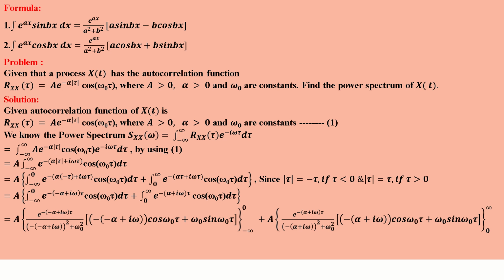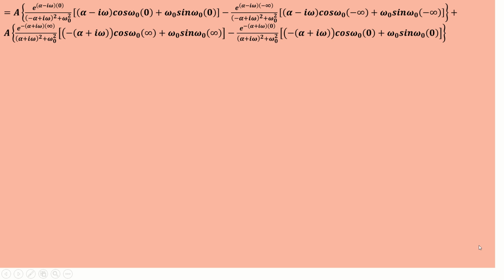Replacing those things, you will get this answer. Similarly, for the second one, the same formula, a into e power minus alpha plus i omega tau by minus alpha plus i omega square plus omega naught square into minus alpha plus i omega cos omega naught tau plus omega naught sin omega naught tau, 0 to infinity. So we are substituting the upper limit and lower limit.